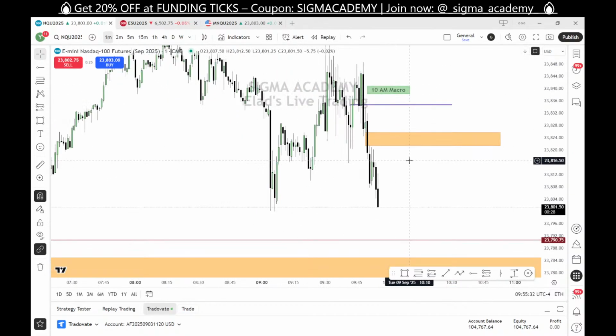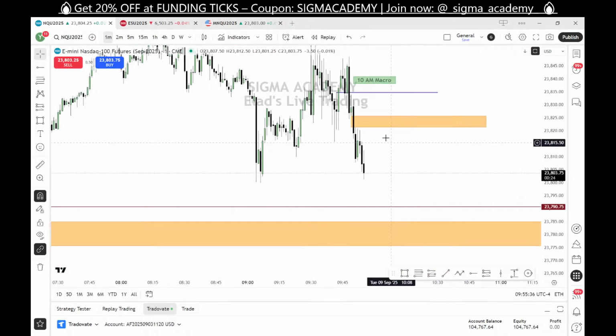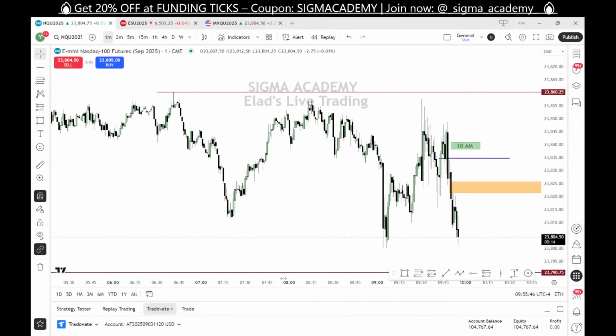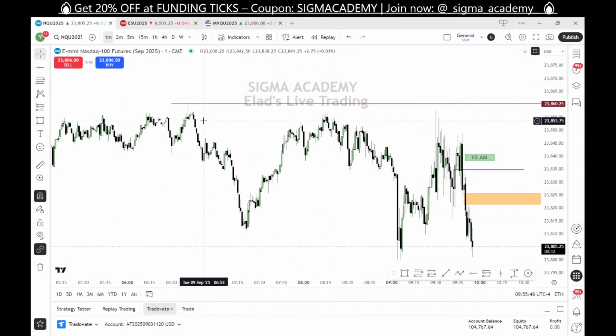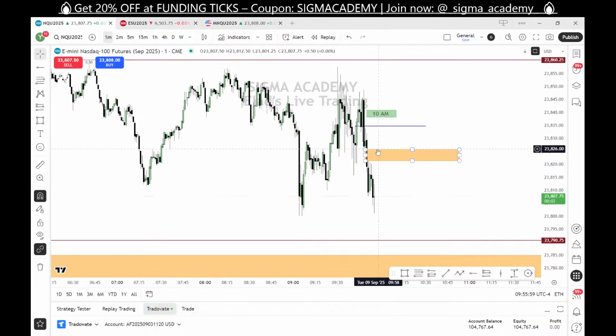I will mark the fair value gap that is near to us. I don't like to mark any fair value gap like this one and this one and this one. I like to see once we reverse to see how it behaves in this area.